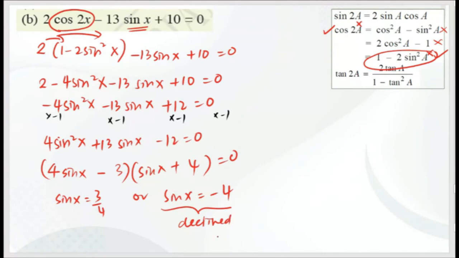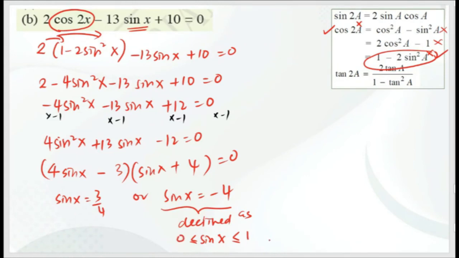Decline because the value for sine x is in between... You use your calculator to press, you will know your value will always be in between 1 and 0, right?